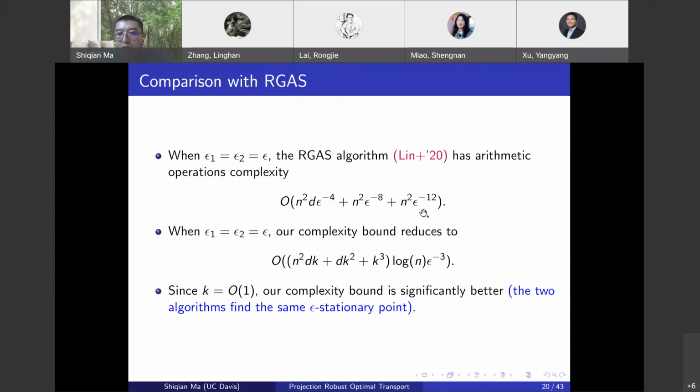In terms of epsilon, it is of the order of epsilon to the negative 12, so this can be huge. For our Riemannian BCD algorithm, the complexity bound is reduced to this order, which in terms of epsilon is epsilon to the negative 3. So we can conclude that the complexity bound of our method is significantly better than the existing Rgas algorithm.